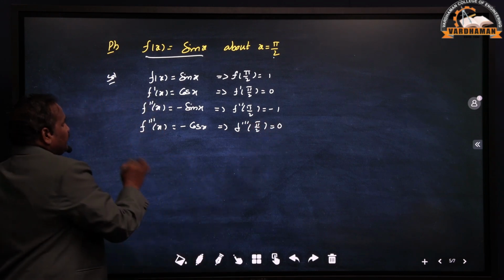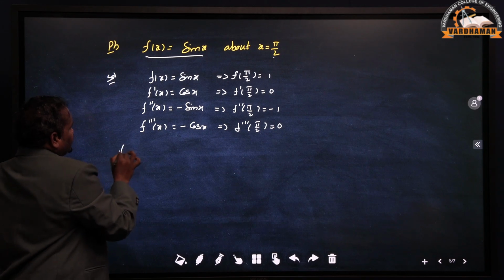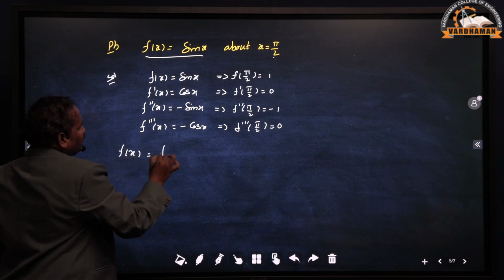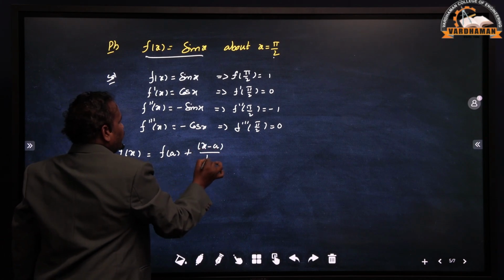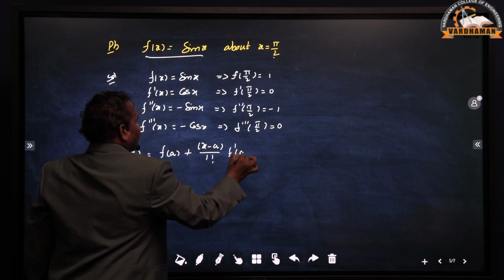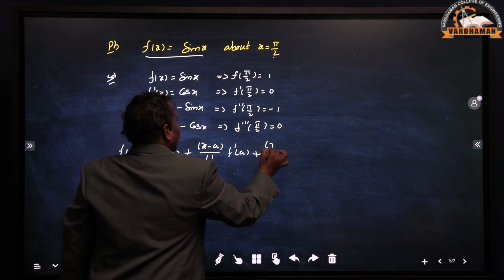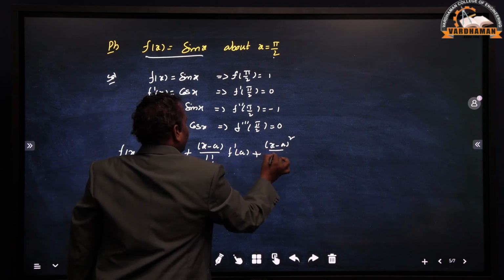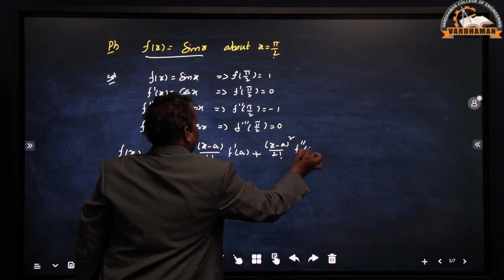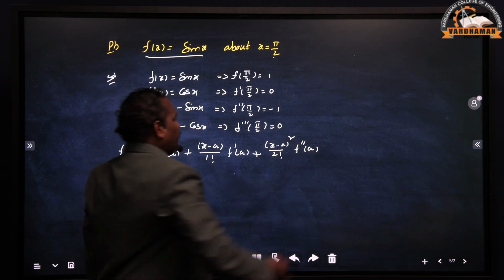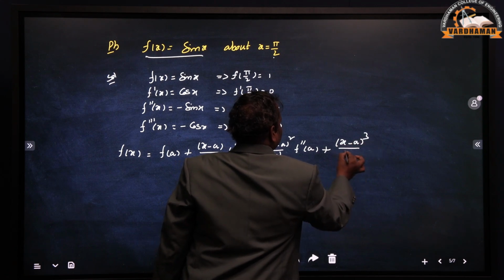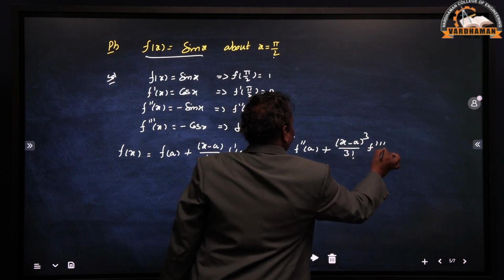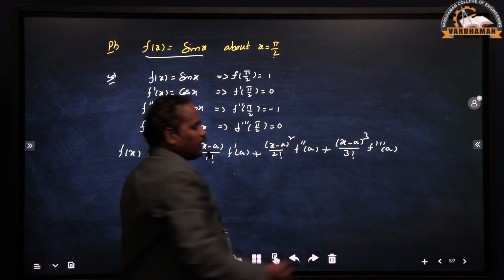Now we write the Taylor series formula. f(x) is equal to f(a) plus (x minus a)/1! into f'(a) plus (x minus a) whole squared/2! f''(a) plus (x minus a) whole cubed/3! f'''(a) plus and so on.